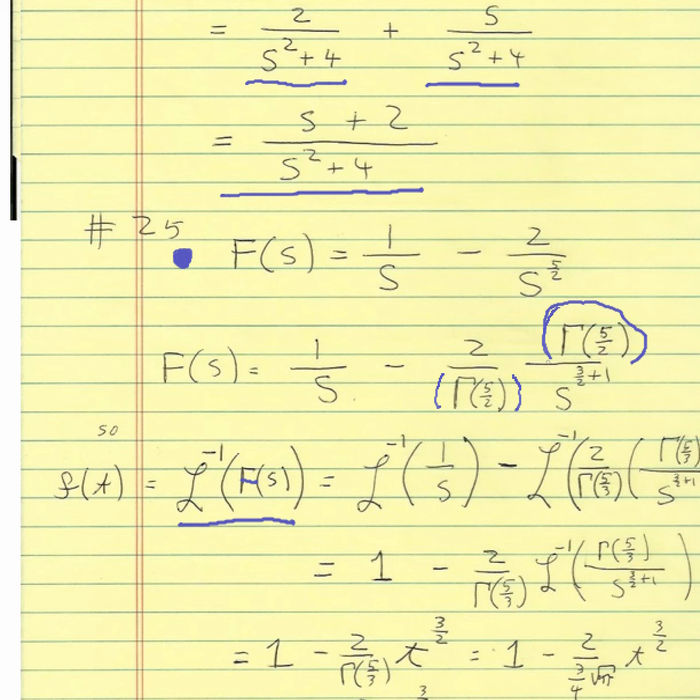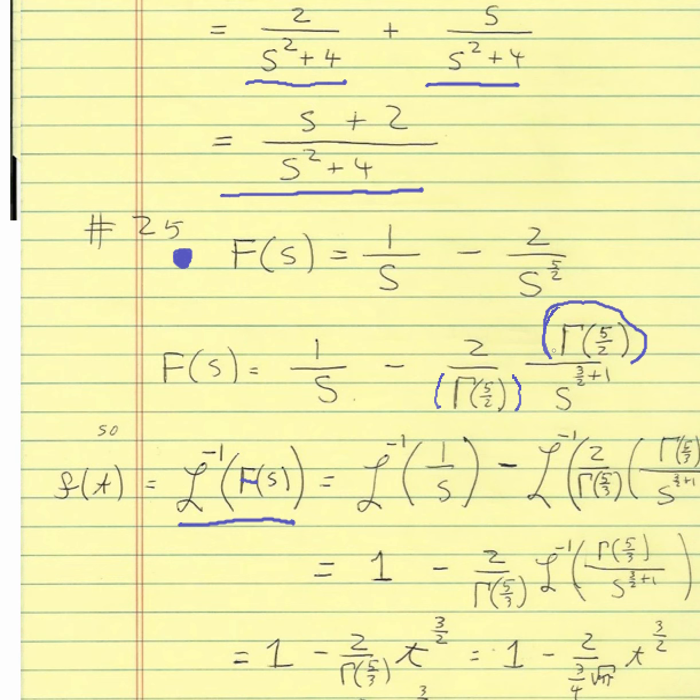Now the reason that I did that is that I have a formula on page 271 that tells me that the Laplace transform of t to the a is equal to the gamma function of a plus 1 divided by s raised to the a plus 1 power. So that's what I'm using there.